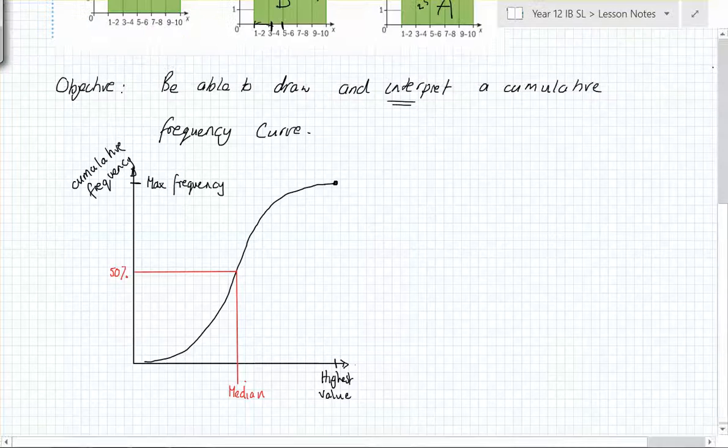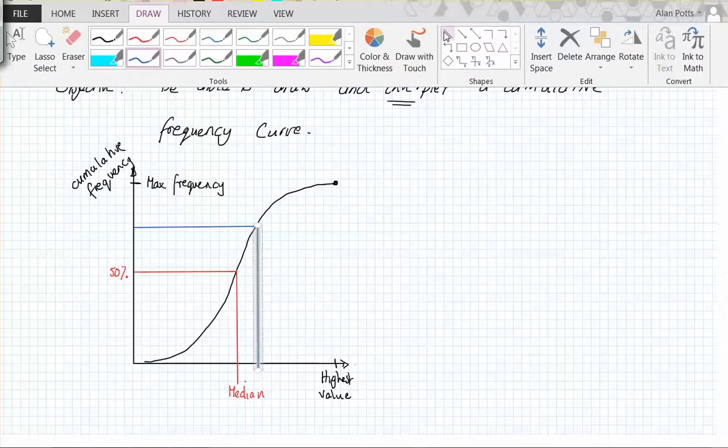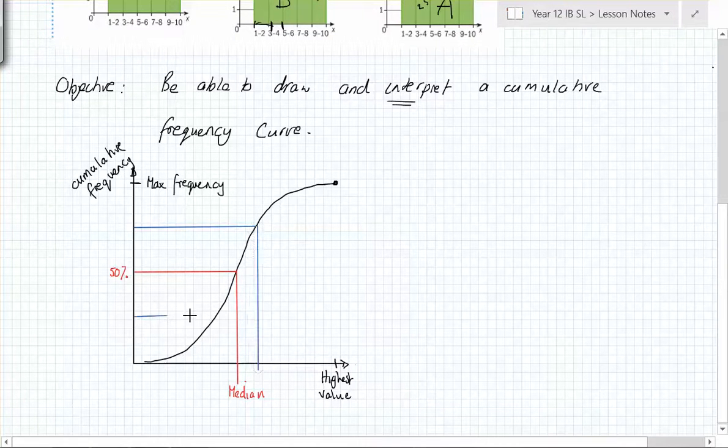Yeah. So if I go 75%, read across, read down, and the same with the lower quartile, 25%, down.